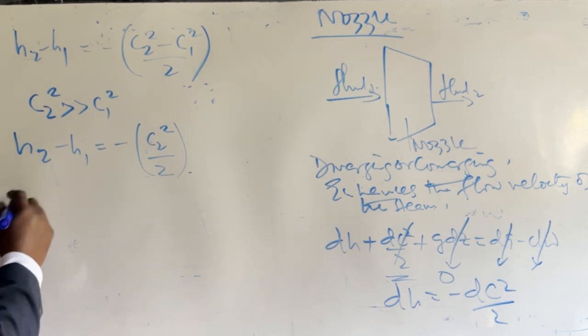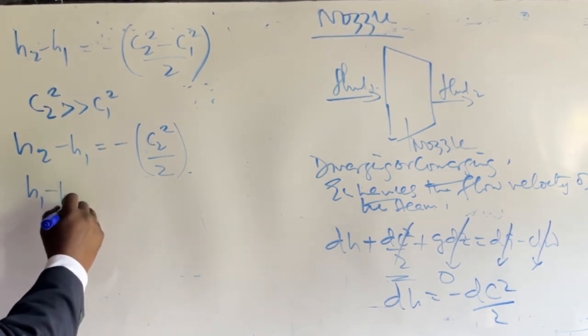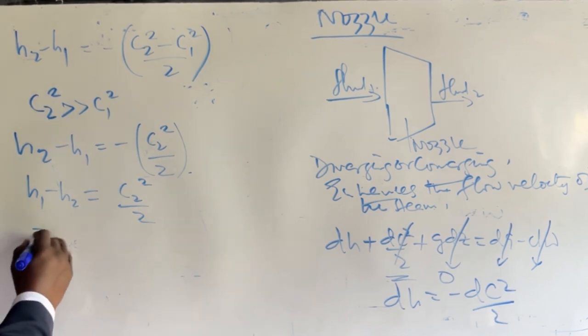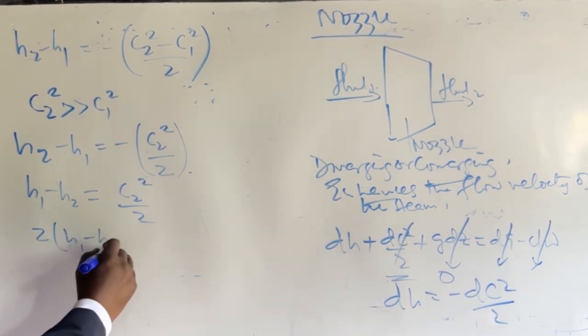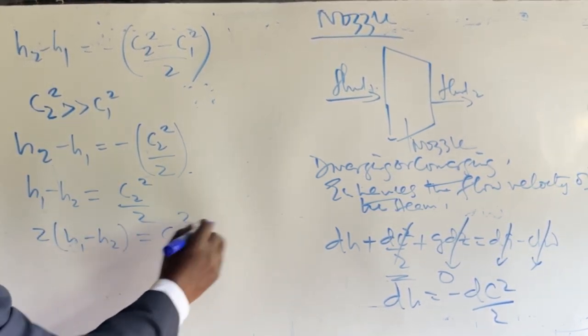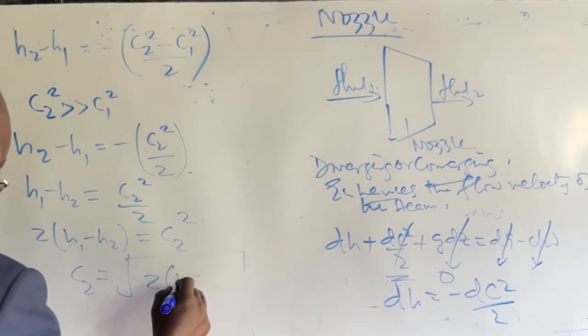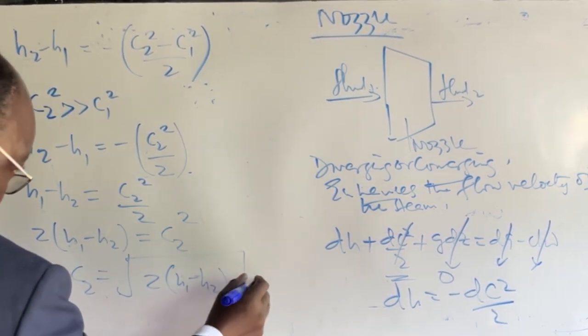So if we remove the negative signs, you have H1 minus H2 is equal to C2 squared over 2. Cross multiplying, we have 2 times H1 minus H2 is equal to C2 squared, or C2 is equal to the square root of 2 times H1 minus H2.